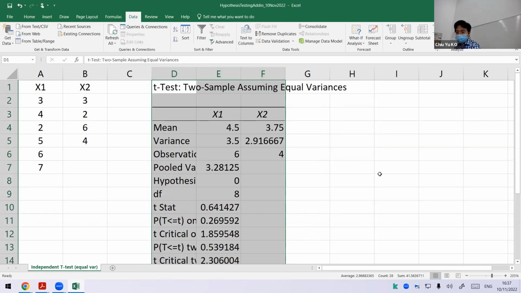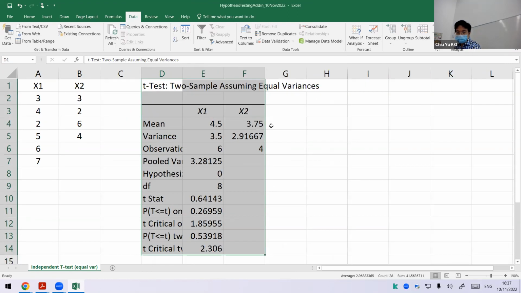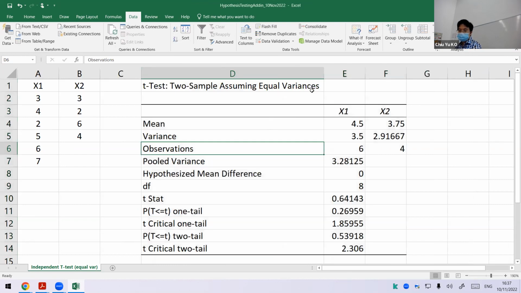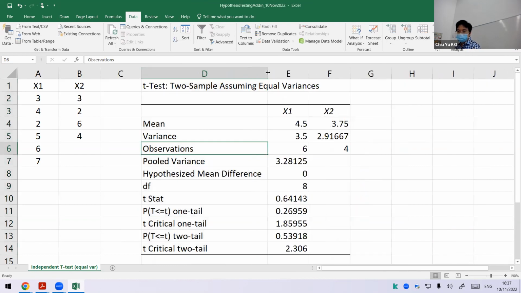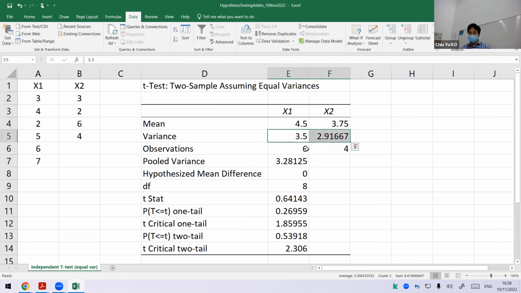And automatically it produces the things we want. You can see it tells you the mean, the variance, the count, and the pooled variance. You remember the pooled variance comes from this variance and this variance, the weighted average. So it must be between these two numbers, weighted by 5 and 3, the N minus 1, right?